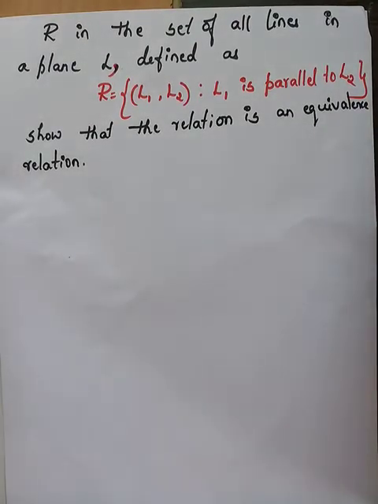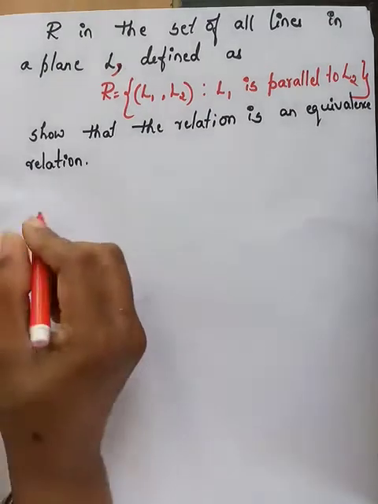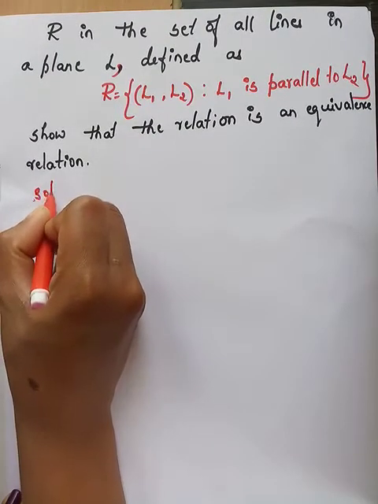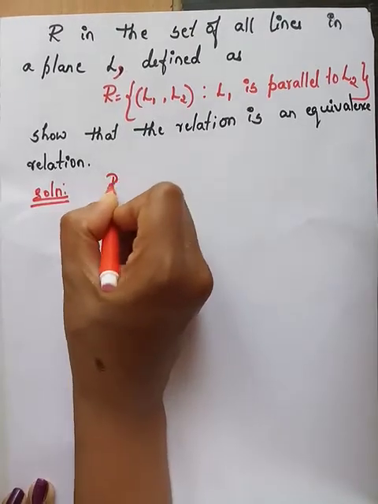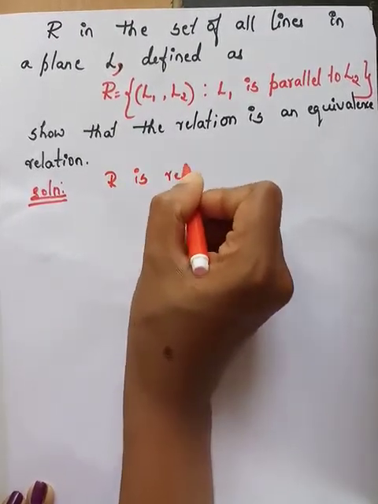I hope you are clear with the things. What do you mean by equivalence relation? A relation which is reflexive, symmetric and transitive is called an equivalence relation. So in order to show that this relation is an equivalence, we have to show that it is reflexive, symmetric and transitive. To begin with, first we show that it is reflexive.